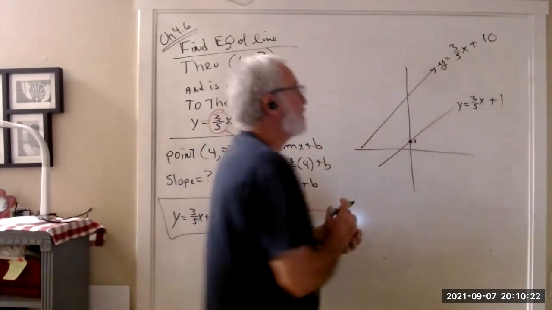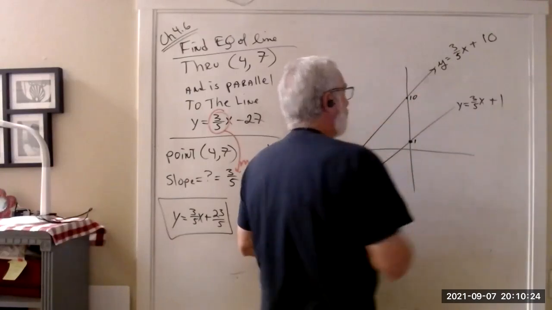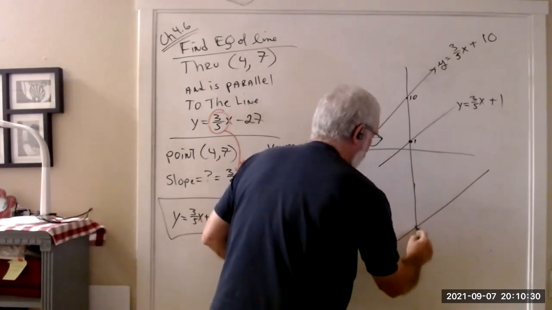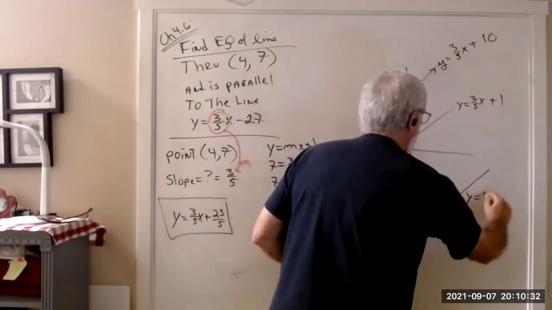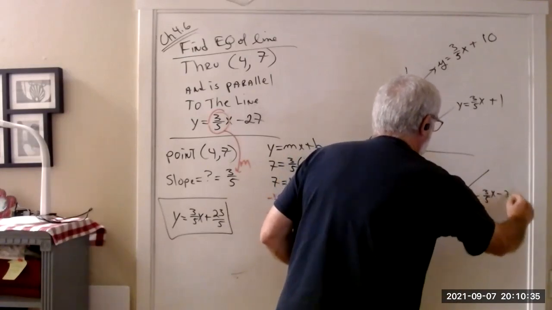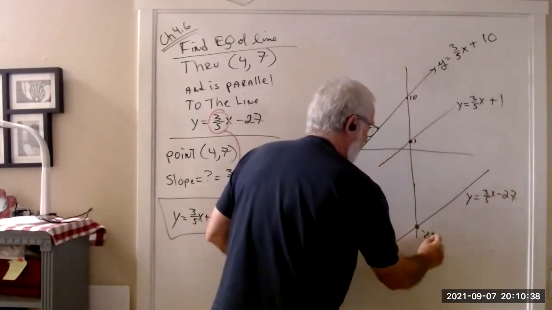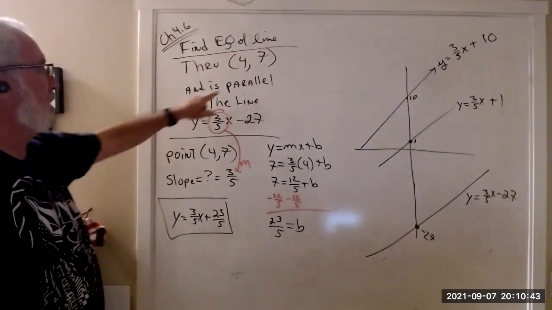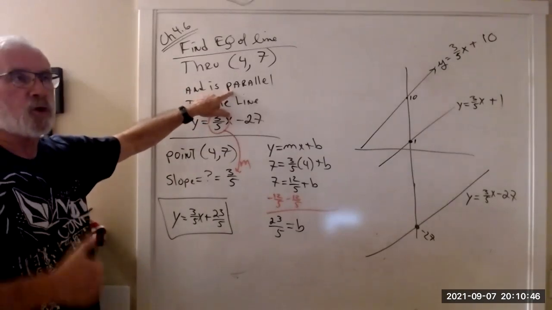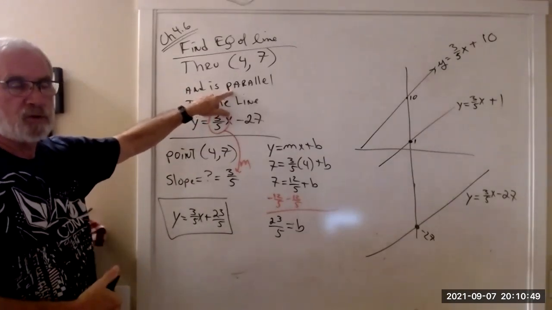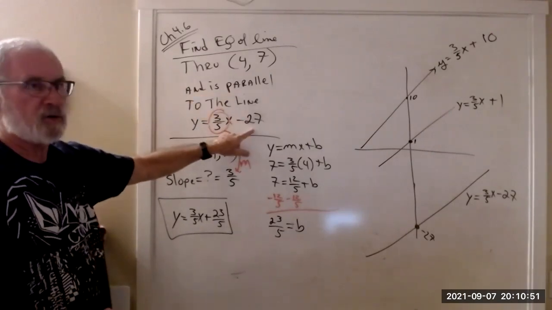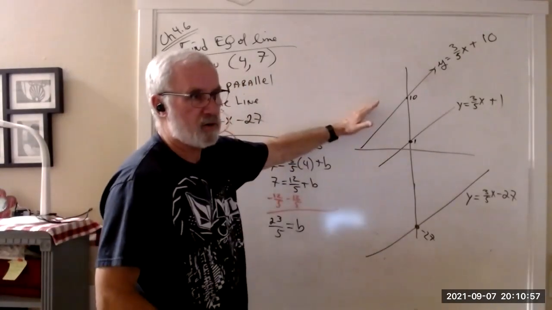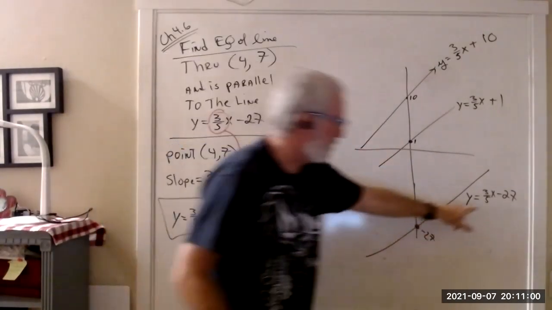The y-intercepts are different, but they're still parallel to each other. This one down here could be y = 3/5 x - 27, because its y-intercept is -27. All parallel means is look at the slope. It means nothing about the y-intercept, but all of these are parallel to each other because they all have the 3/5 x.